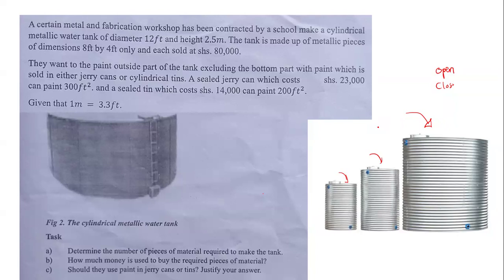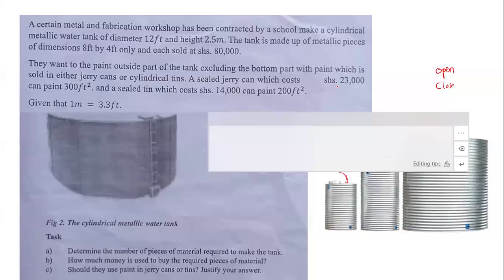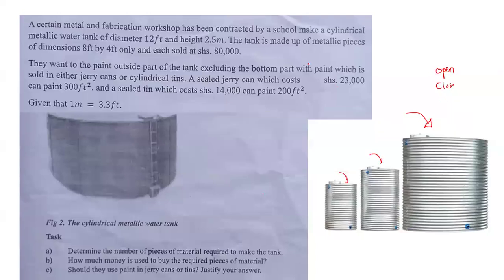Okay, thank you. Now, when you look at the two reasons, we shall go in with the first and then the third person. One of the reasons they have given us is that when you leave that tank open, remember it rains. The use of these tanks is to collect water.